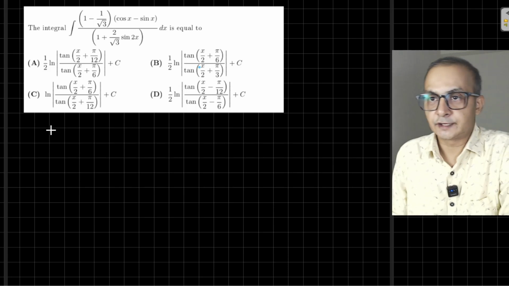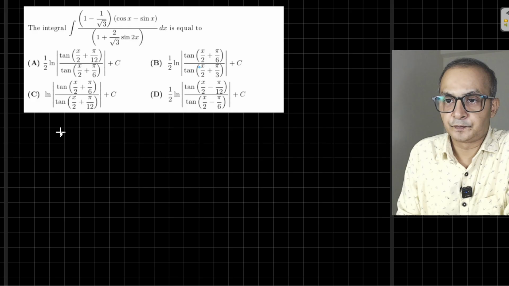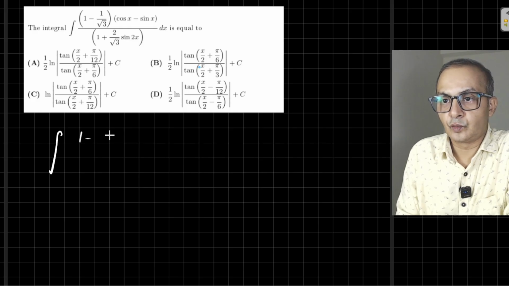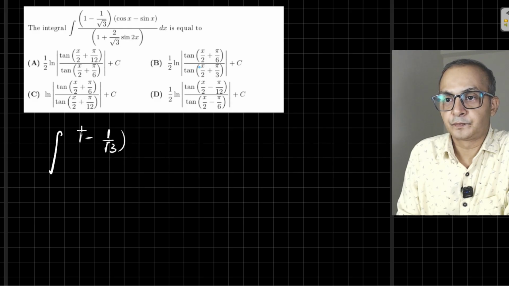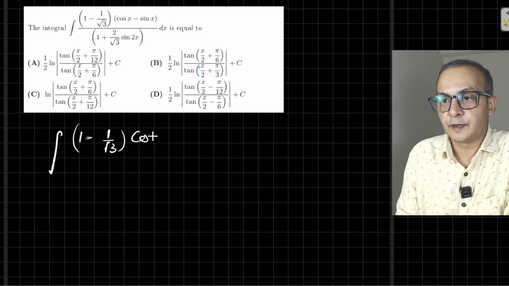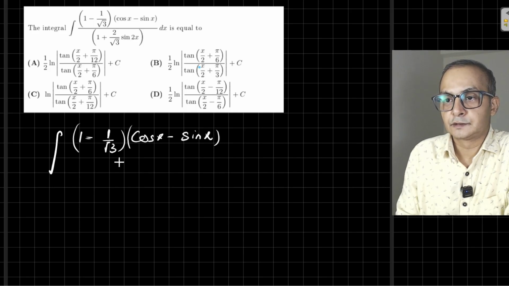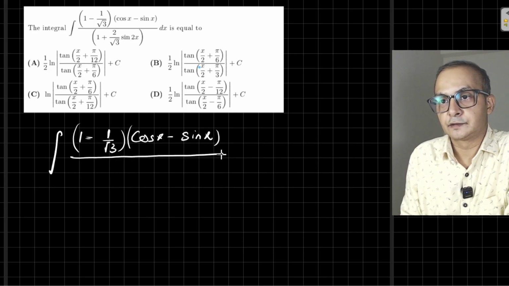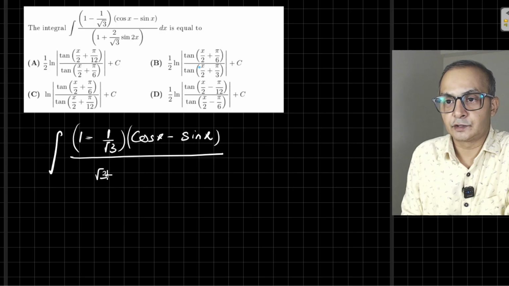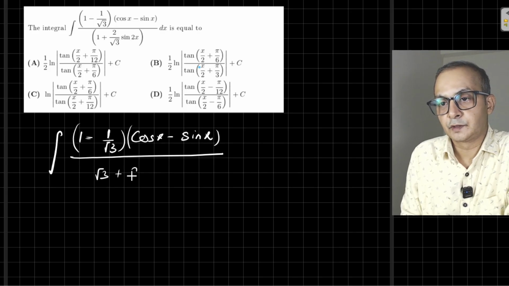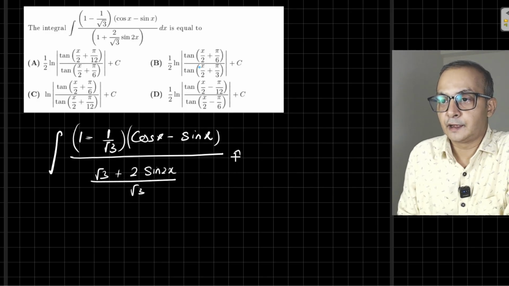So you can notice that I'm writing here 1 minus 1 by root 3 and cos x minus sin x, and in the denominator I can write root 3 plus 2 sin 2x by root 3, and this is dx.